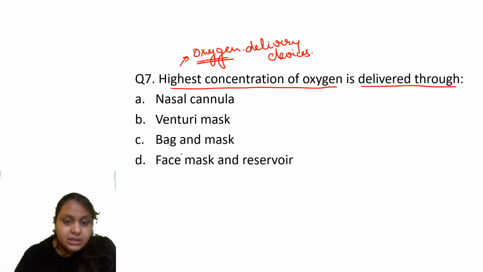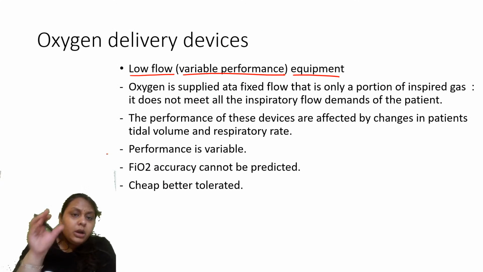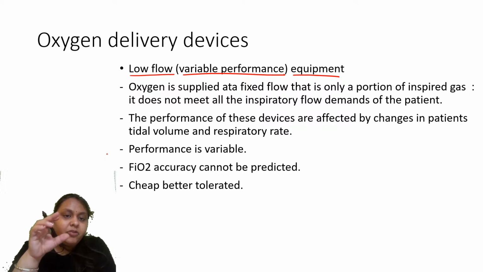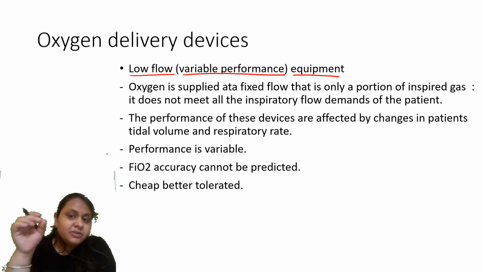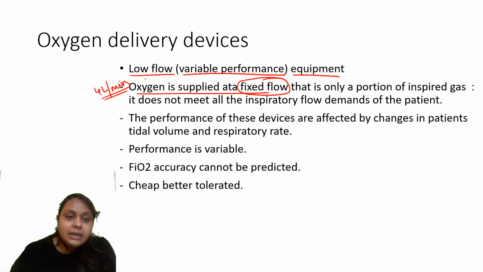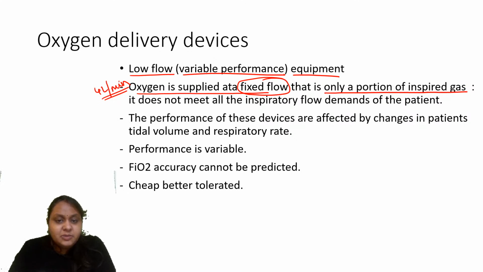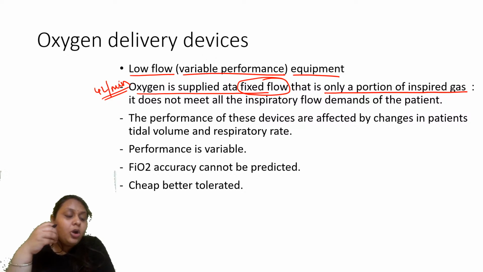Before that, I'll just tell you the answer. The answer is face mask with reservoir, and I'll tell you how. What is low flow or the variable performance equipment? In this, the oxygen is supplied at a fixed flow, like 4 liters per minute, but it is only a portion of inspired gases, and it does not meet all the inspiratory flow demands of the patient.